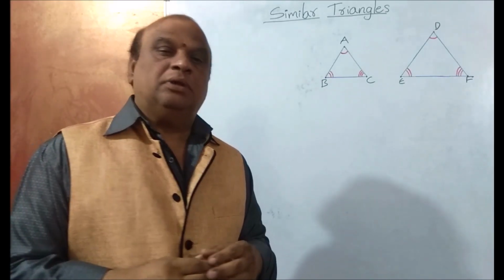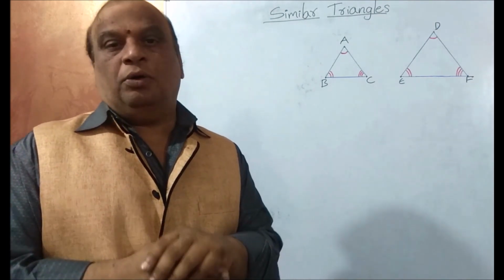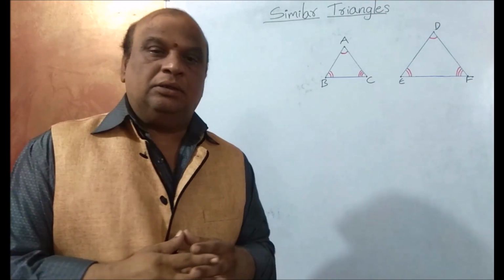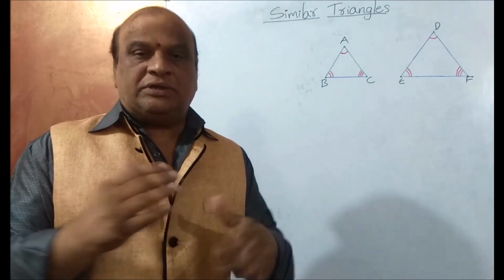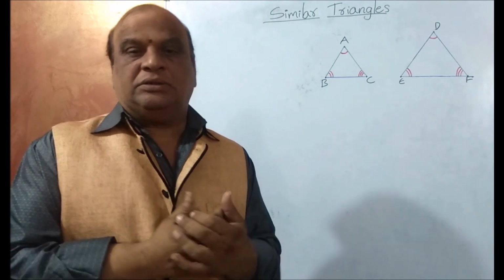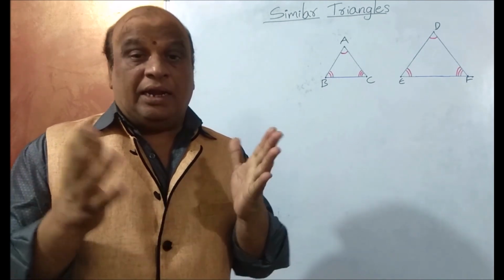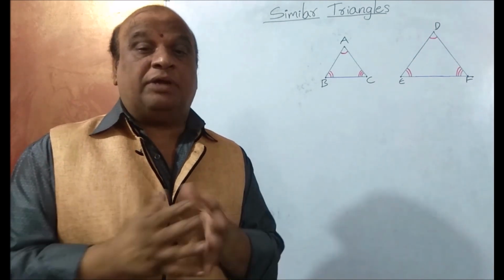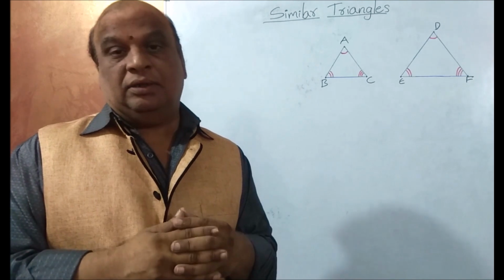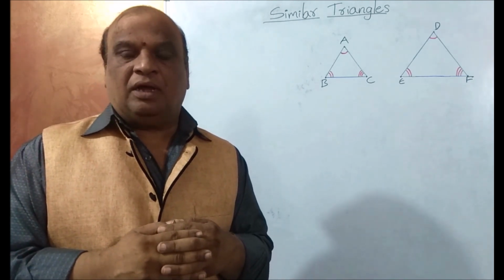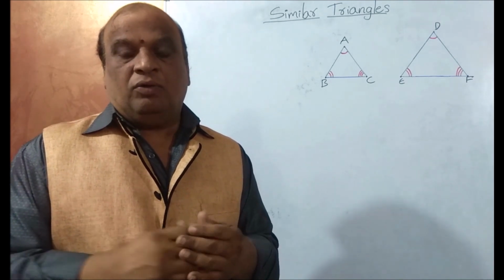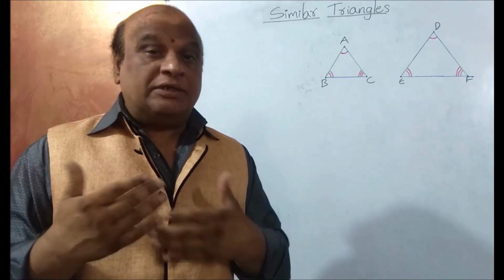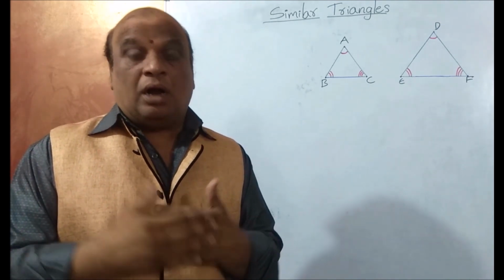Good morning students. In the previous video, I explained congruent triangles. Once again, I want to recall that in daily life situations where we observe congruent figures or congruent triangles, we have to give examples for congruent figures.